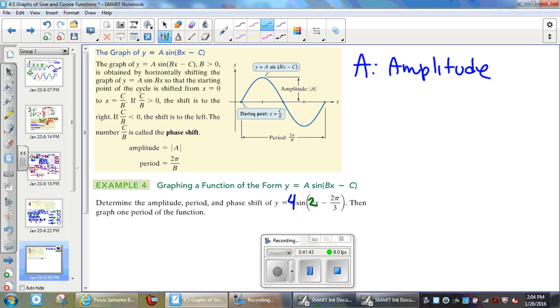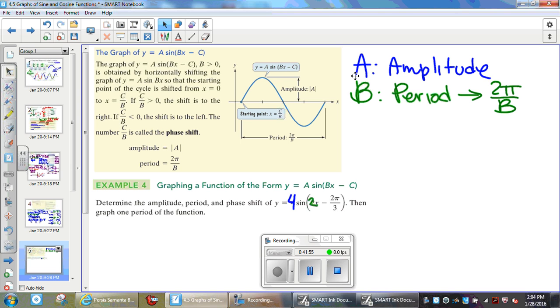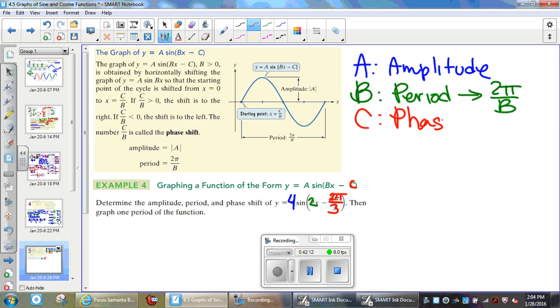This 2 will help you determine the period, which will be 2 pi divided by B. And this number here, the 2 pi over 3, is actually here the letter C. And that is going to give us the phase shift, which in other words is nothing but a horizontal translation or shift.